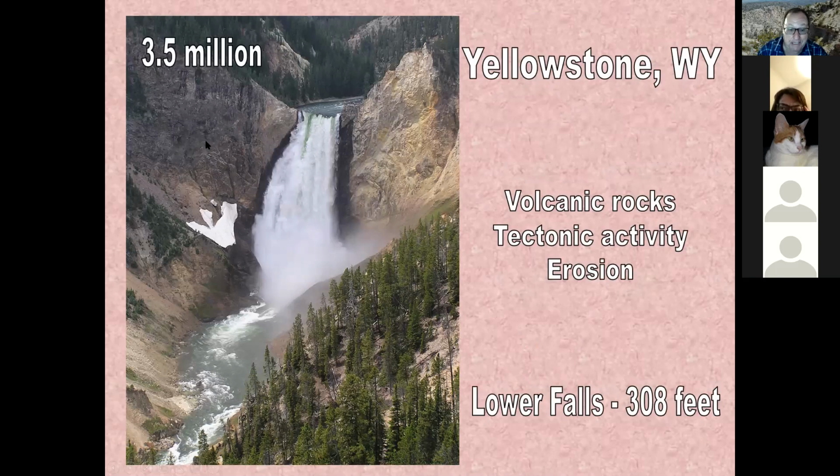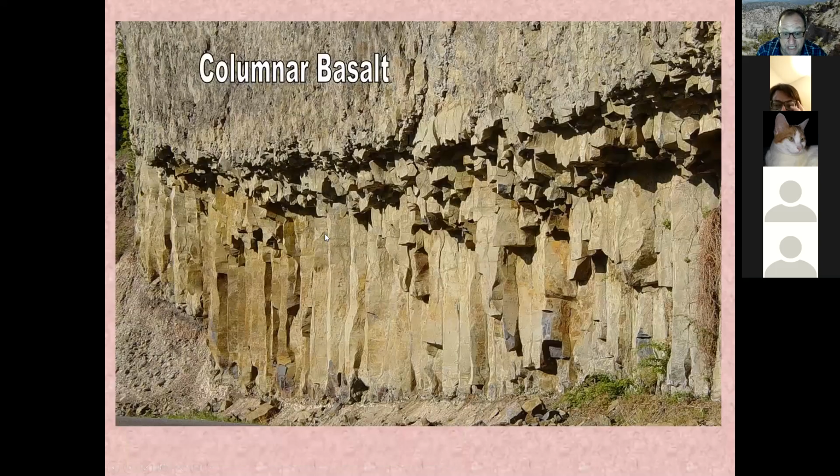I'm talking about 42 to 32 million years ago. That's very, very young compared to what we have talked about tonight. And of course, the erosion taking place. Columnar basalt, you remember that word before, columnar. This is some columnar basalt in Yellowstone. Again, formed like we saw in Hawaii and also the Skyline Drive.